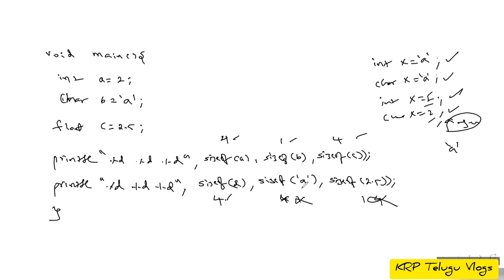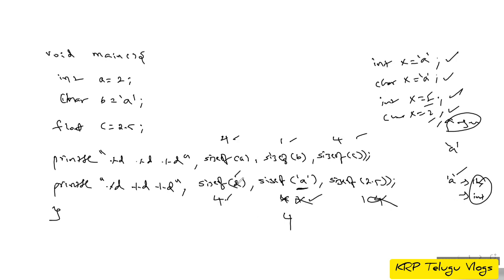Here we have not specified what data type it is. If you don't specify whether the given value is character or integer, by default it takes integer.